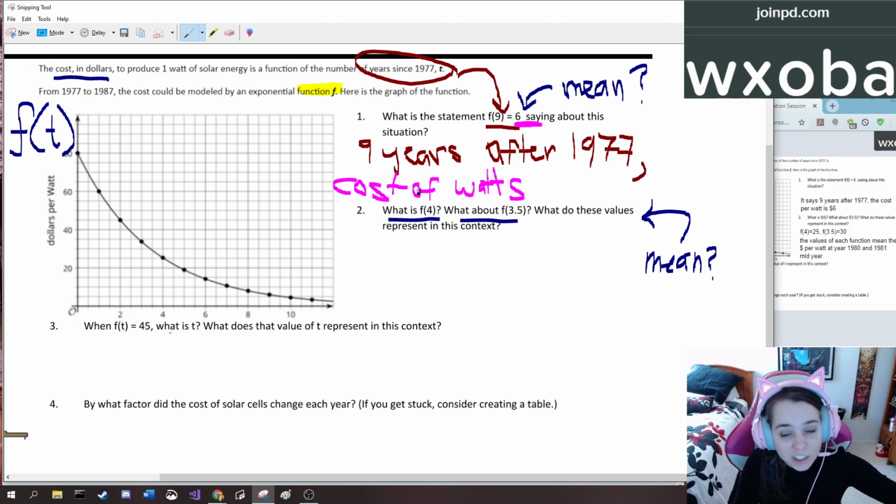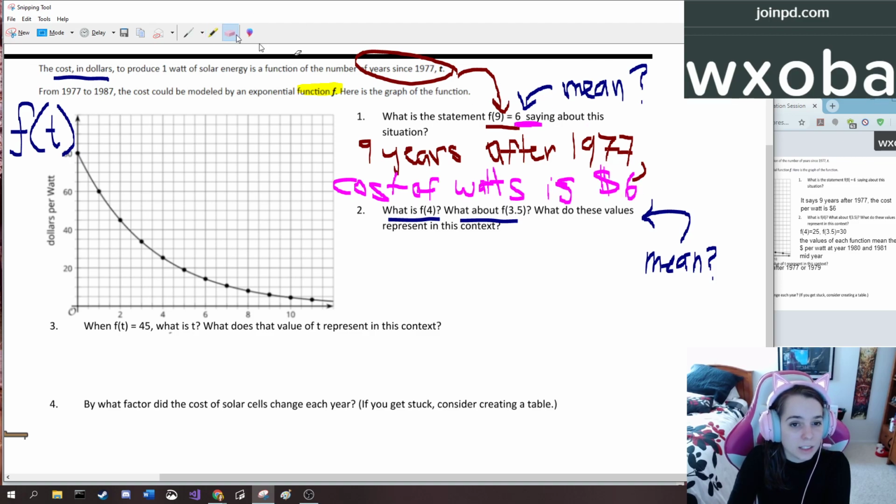We measure energy or electricity in watts. This is our unit for electricity, for energy. So the cost of watts is going to be this $6 here. Okay, so that's what this means in the context of our situation.